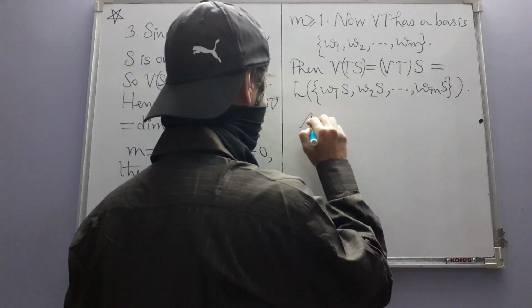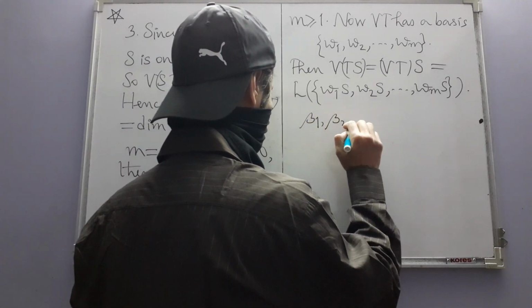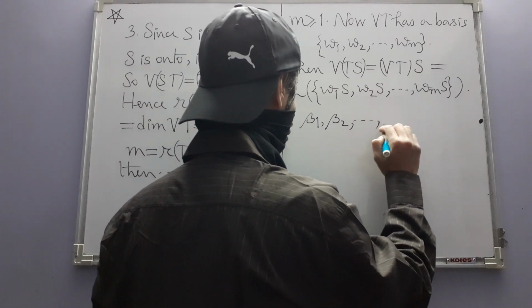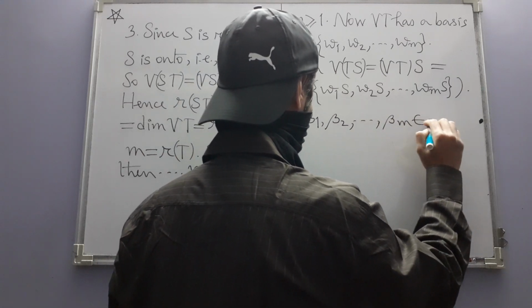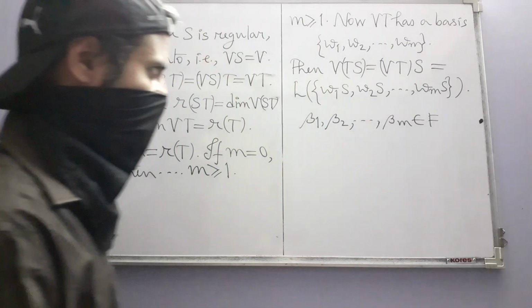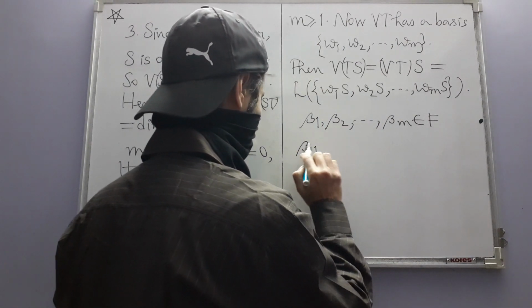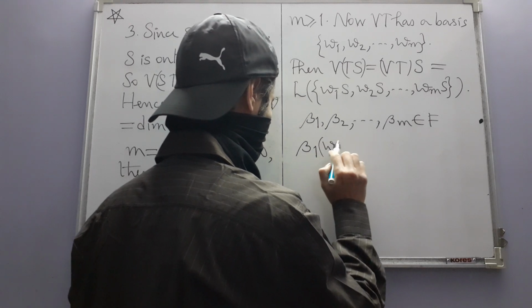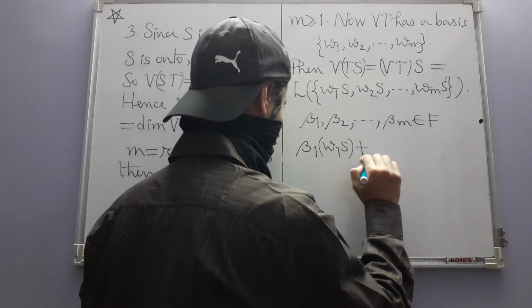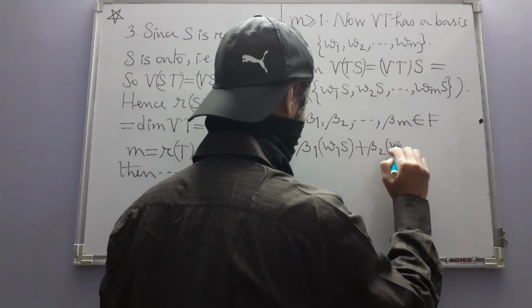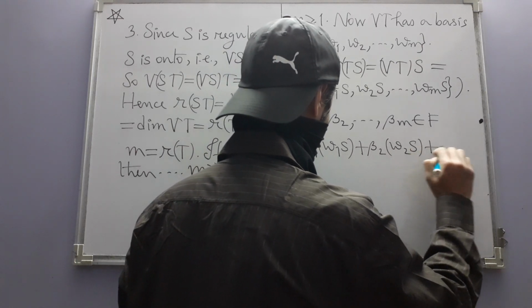Suppose these are scalars such that this linear combination is 0.